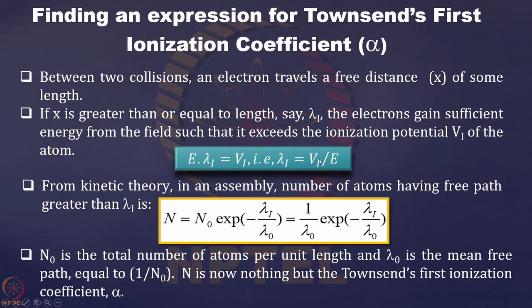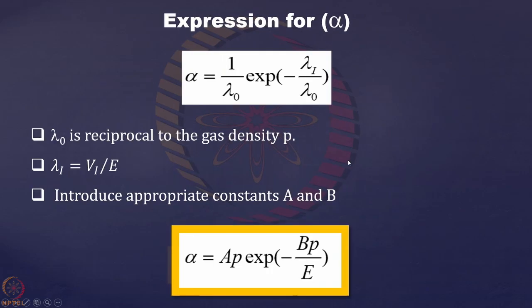What we did actually, lambda I we have put as Vi by E, and Vi is a constant, so we have multiplied that into some constant, and we have presented that as a function of pressure: alpha equals A times P, pressure, exponential minus Bp by E. So we are able to represent the Townsend fast ionization coefficient in this form, in terms of pressure and electric field E.